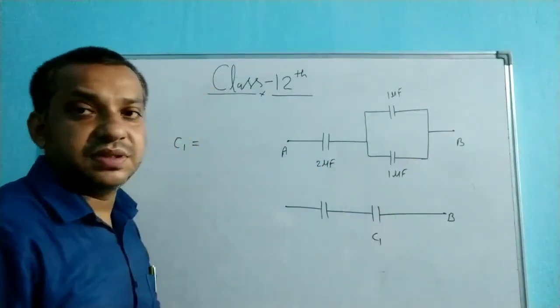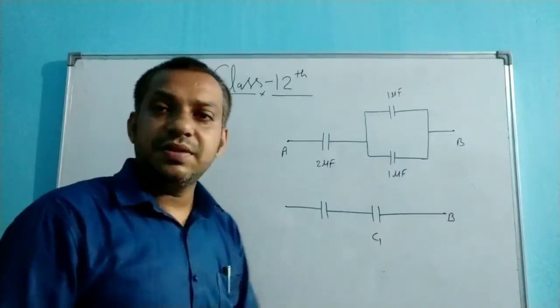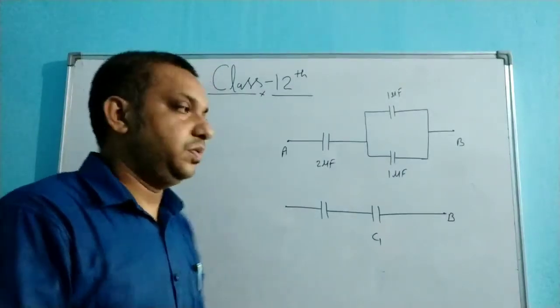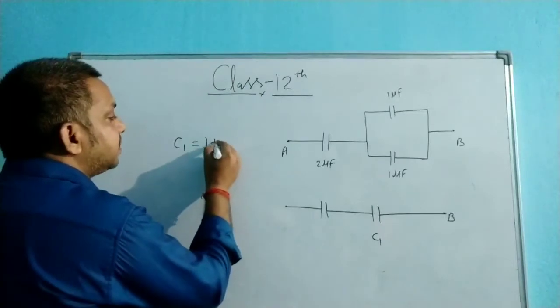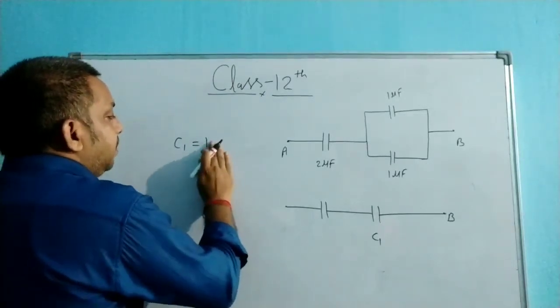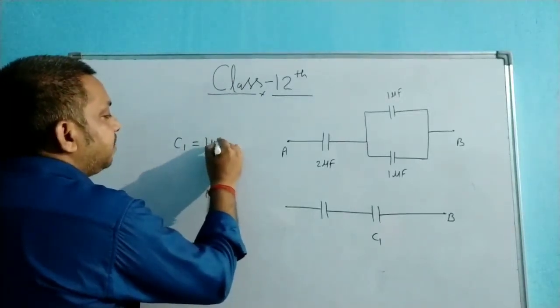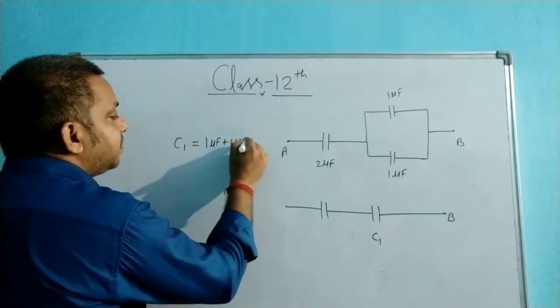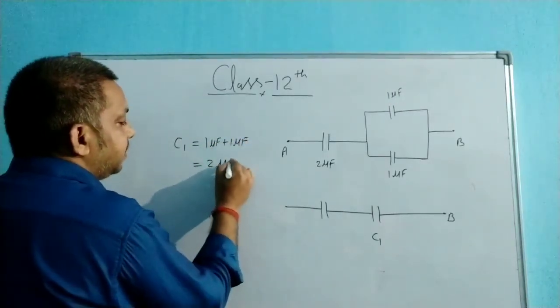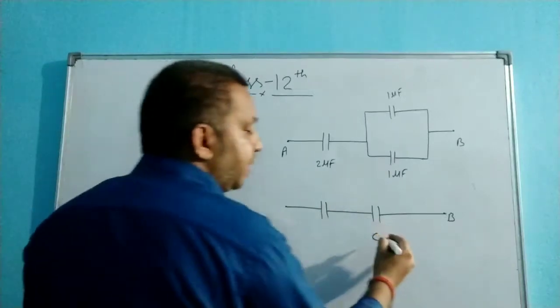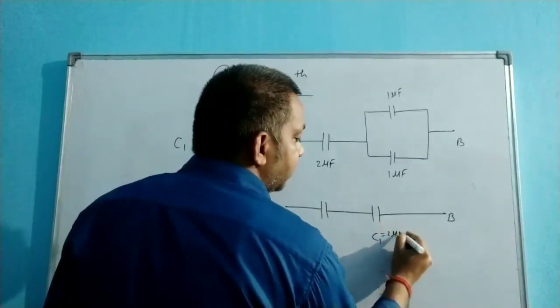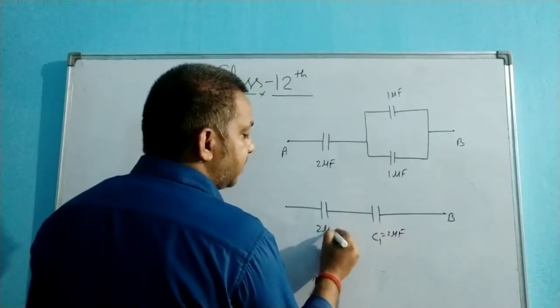What is the formula for C net in the parallel combination? You have the formula C1 plus C2. So here you have 1 microfarad plus 1 microfarad is equal to 2 microfarad. So the value of C1 is 2 microfarad, and this capacitor is already given as 2 microfarad.